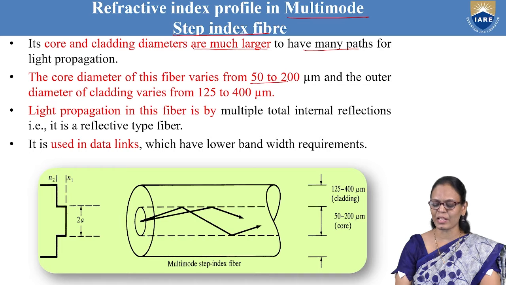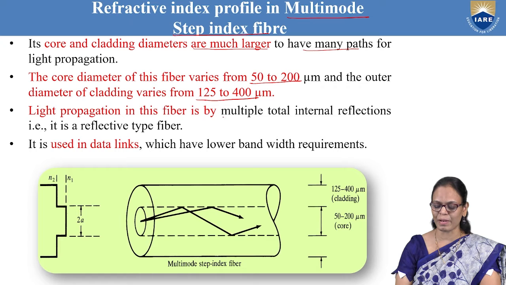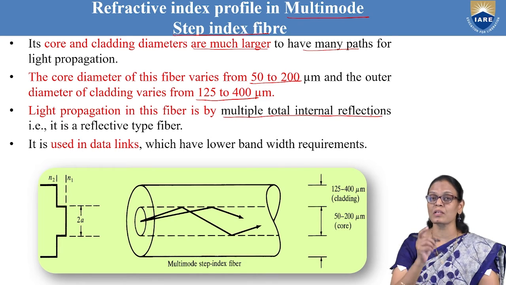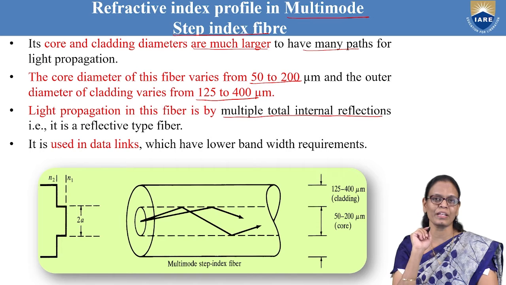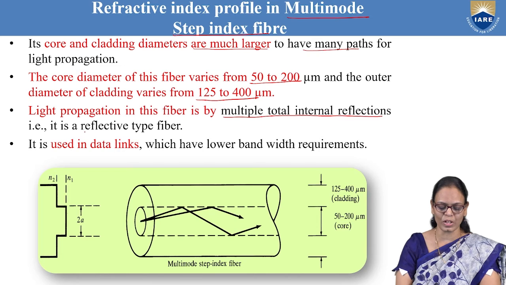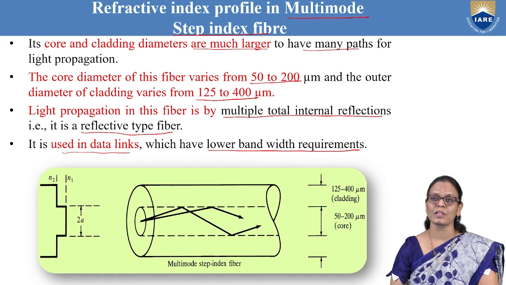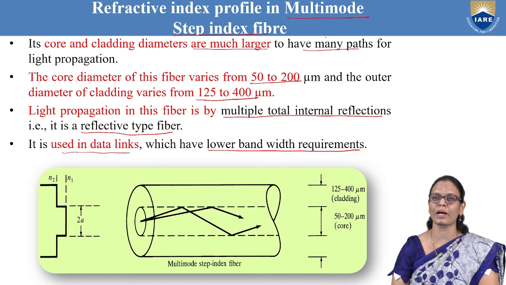The core diameter varies from 50 to 200 micrometer, and the diameter of the cladding varies from 125 to 400 micrometer. Light propagation here is by multiple total internal reflections, because in single mode fiber the reflections are very few. But in multimode there are multiple total internal reflections. So we call it a reflective type of fiber, and it is used in data links which have lower bandwidth requirements. Multimode has very low bandwidth, so wherever the requirement is lower bandwidth, we use this.